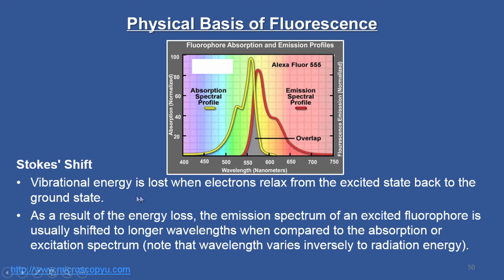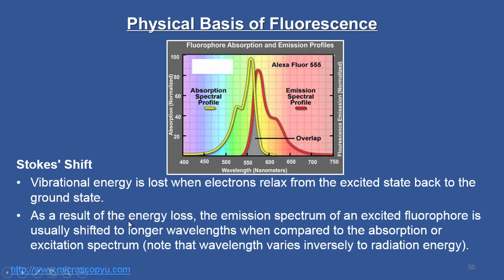So there is something called a Stokes shift. That means once the absorption of the photon takes place, the vibration energy is lost when the electrons relax from the excited state back to the ground state.